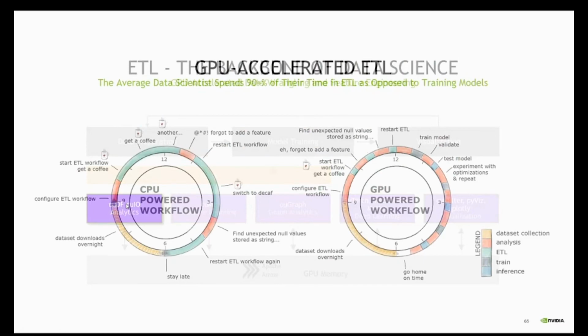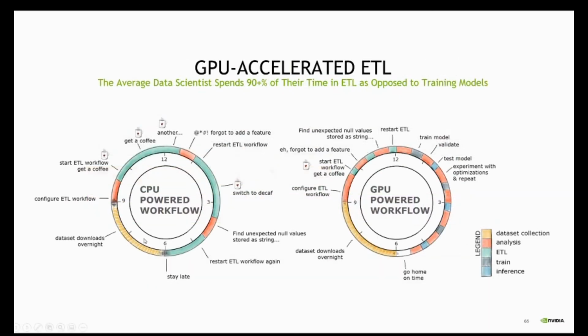So let's look at the productivity of a data scientist in general, right? On the left is a CPU powered workflow. Generally, the data scientist would come in and configure his ETL workflow. After configuring it, he'll run that workflow, which goes for some computation. He'll try to get some coffee till 12 or 1 o'clock, right?